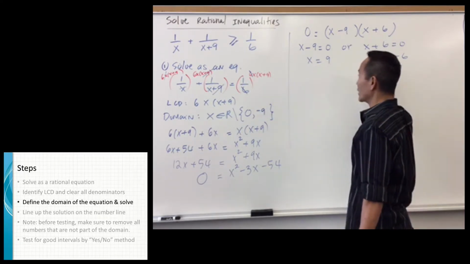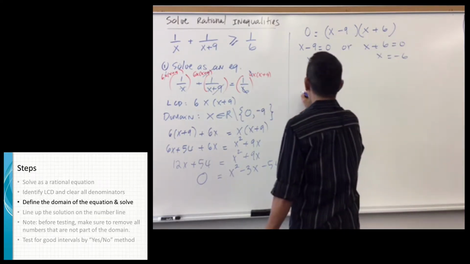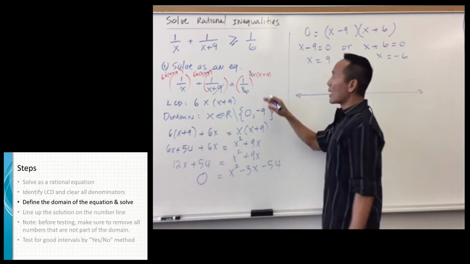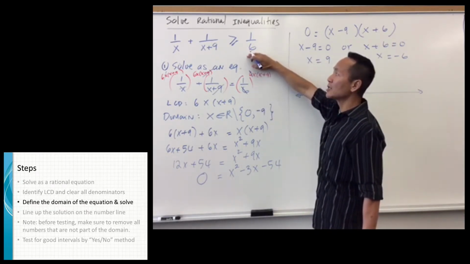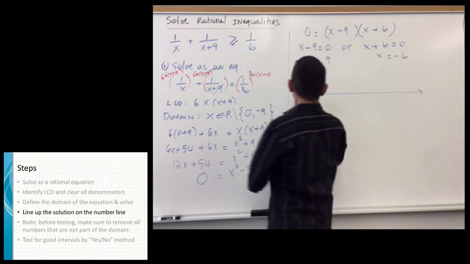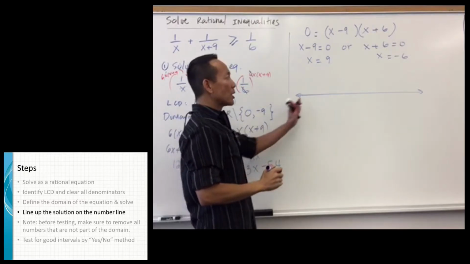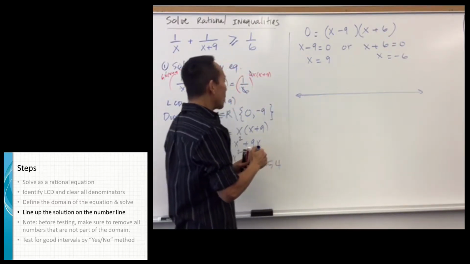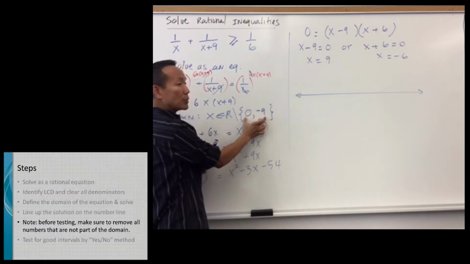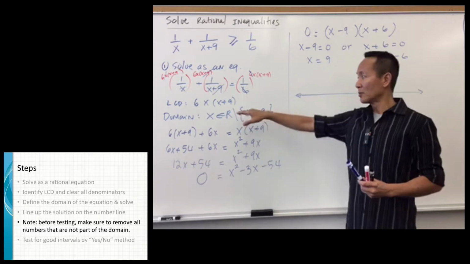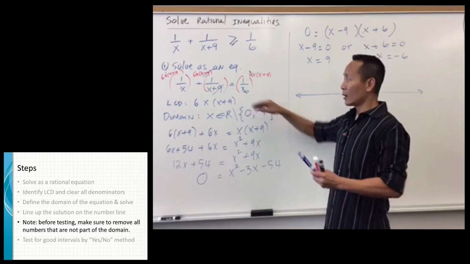So they are good. After we solve the equation, we ask ourselves, how could I solve the inequality? We line up the solutions on the number line. And remember, before we do that, we have to remove the two numbers that make the denominator 0, as we declared earlier.